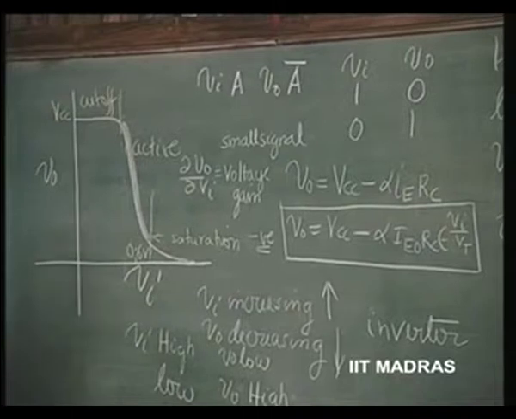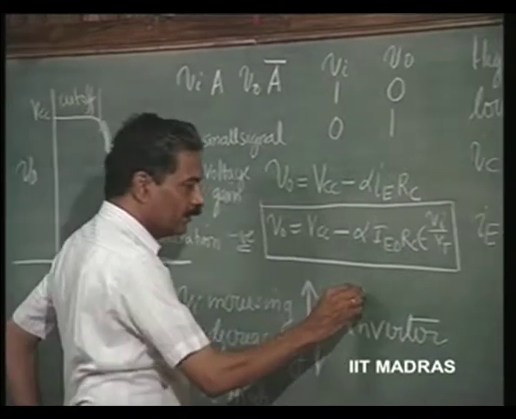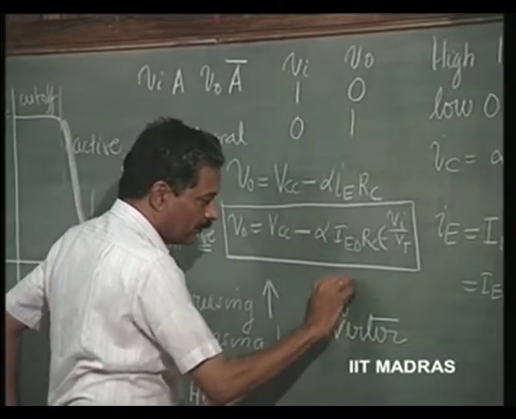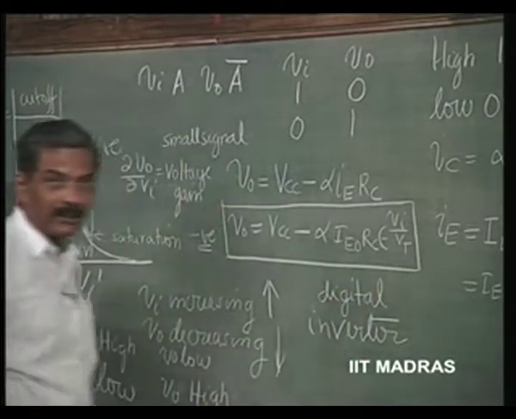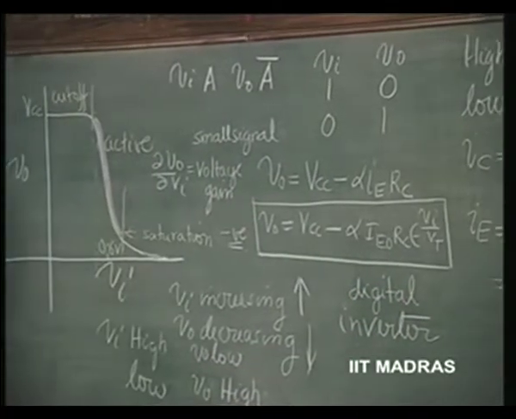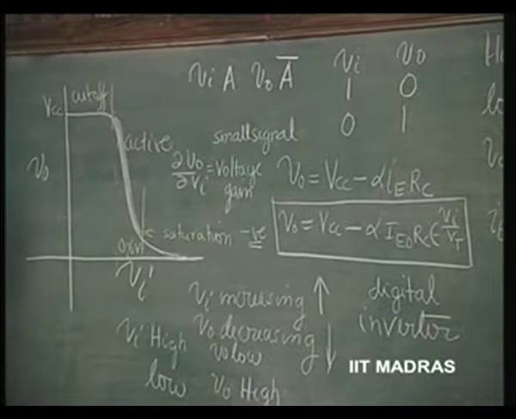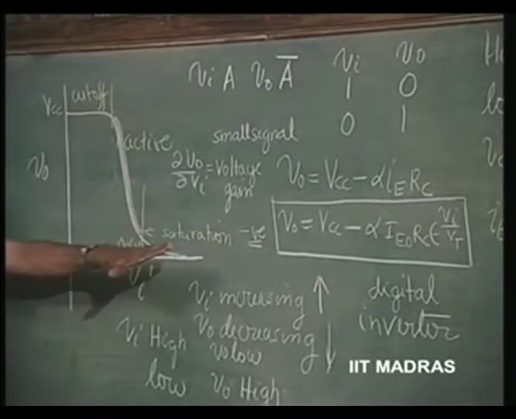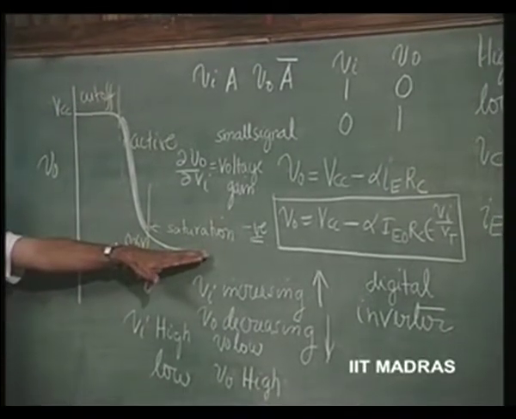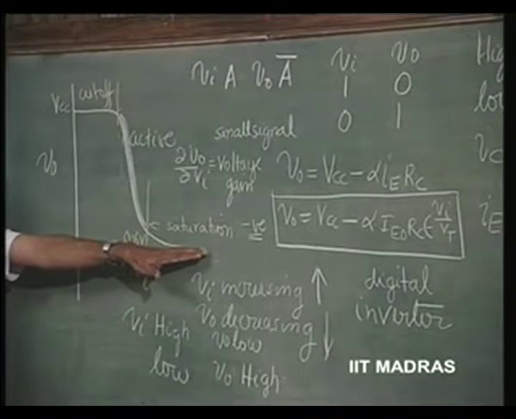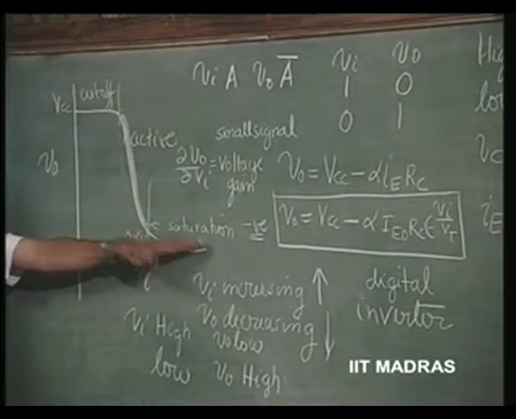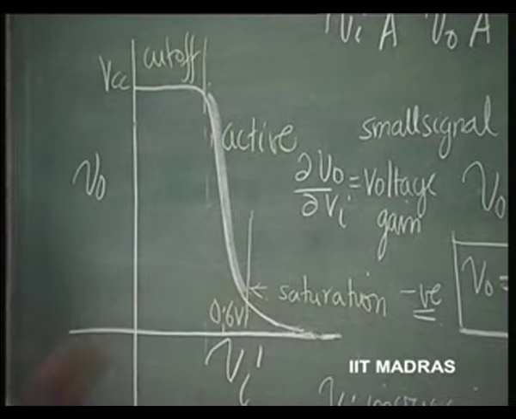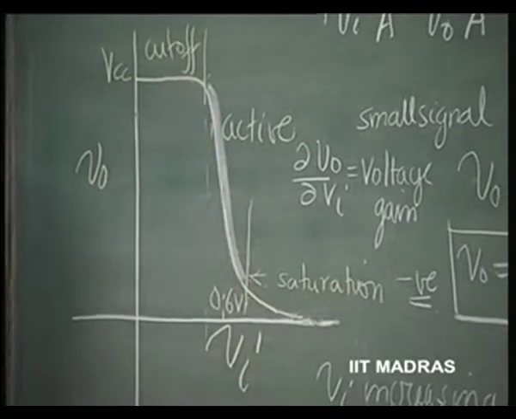So this is also called a digital inverter. As long as you are operating in the cutoff and saturation region, the V naught and Vi should be such that the operation should be in the cutoff and saturation, not in the active region.